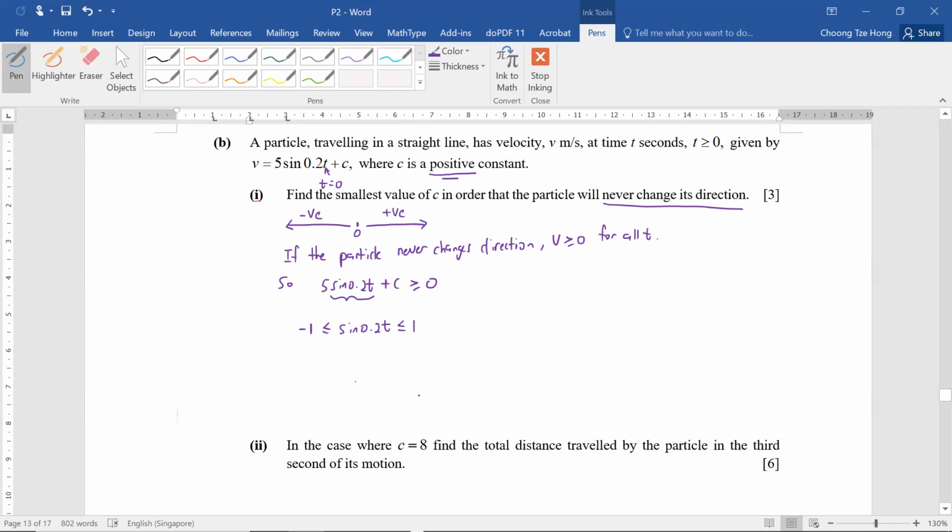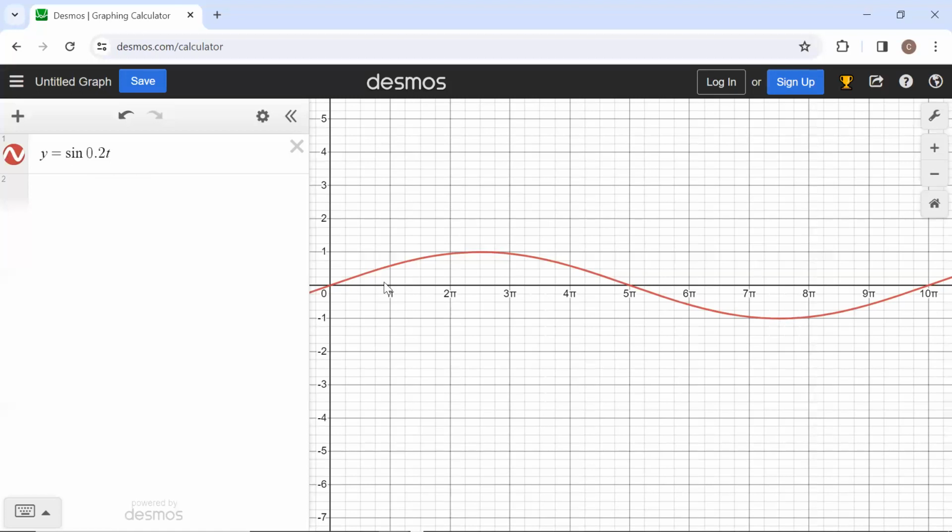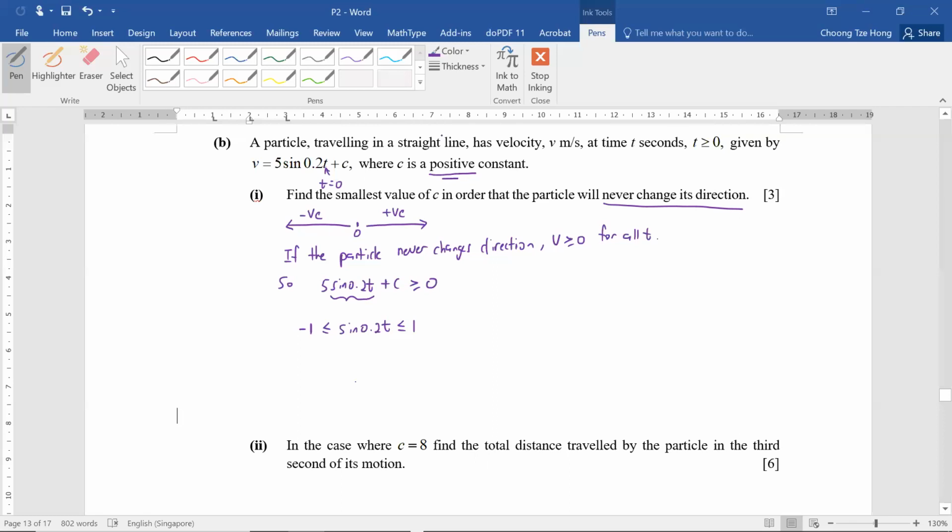I've drawn it out, so we can go over there and take a look. You can see this is sine 0.2t. The biggest value is 1 and the smallest value is -1. So sine 0.2t is greater or equal to -1 but less than or equal to 1. There's a 5 in front, so I'll multiply everything by 5.